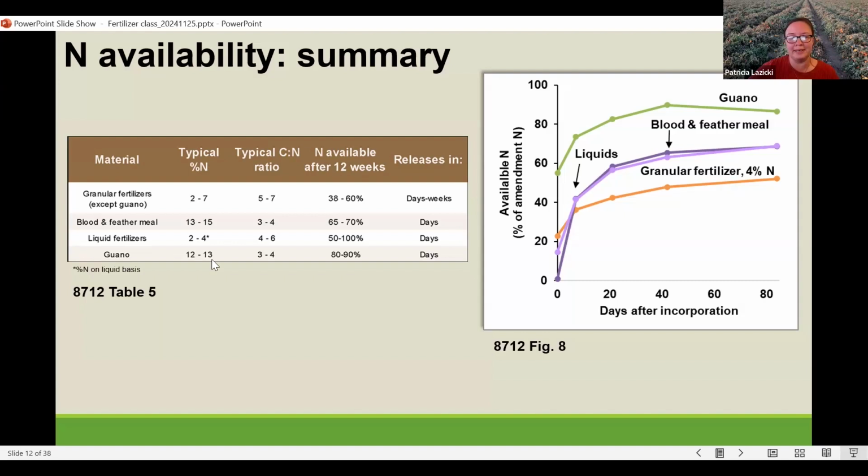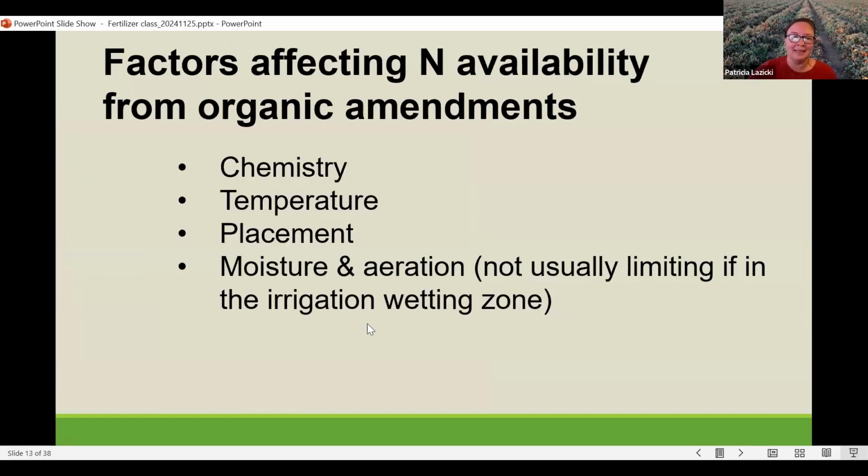So the higher the percent nitrogen, the more is available, the quicker the release, and the lower the C to N ratio. Notice one exception here is these liquid fertilizers. This seems like a really low percent nitrogen. That's because when you see the analysis on the bottle, it's always on a wet weight basis. And so it's including all that liquid in there. And you'll see later why that's important.